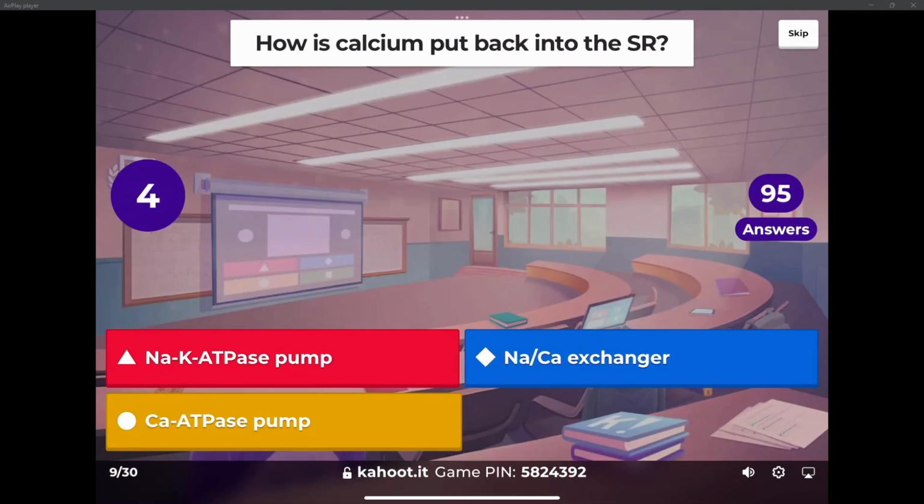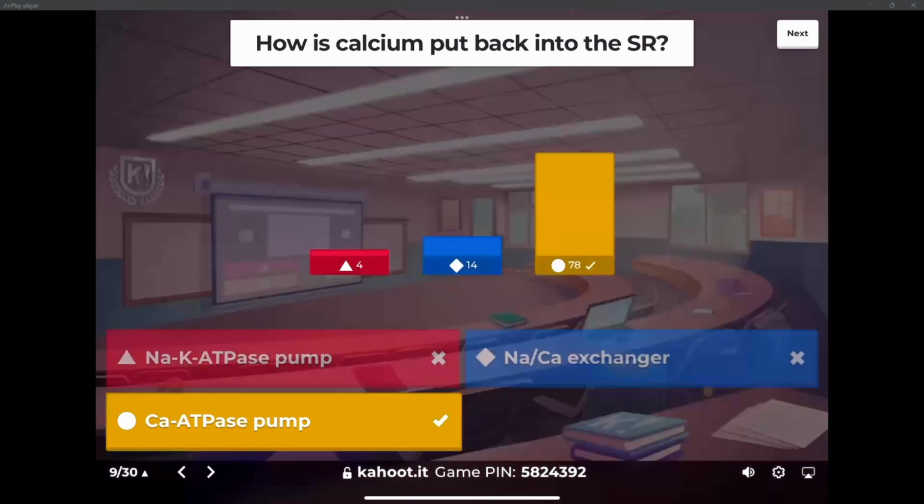Calcium ATPase pump. The sodium calcium exchanger, where does that put calcium? Out of the cell. And the sodium potassium pump just keeps those sodium gradients going. That allows for the sodium calcium exchanger to happen, and so on and so forth.